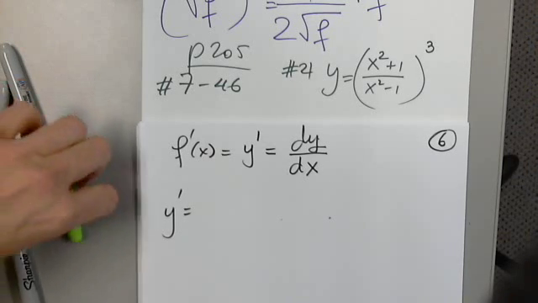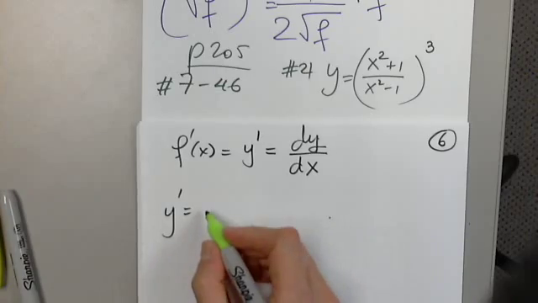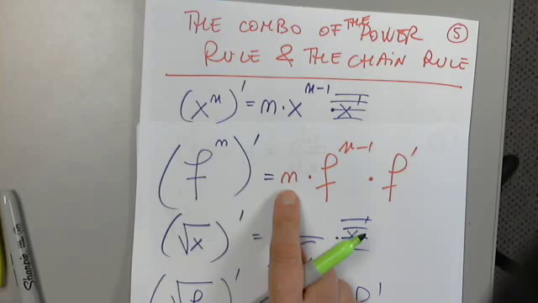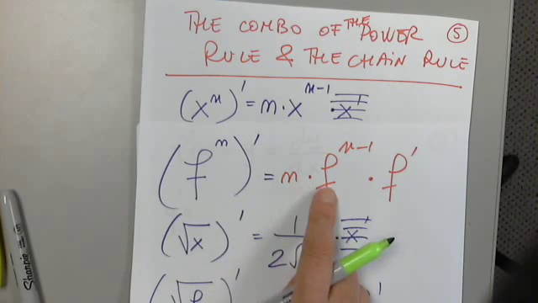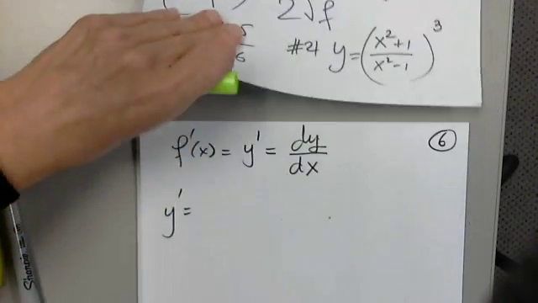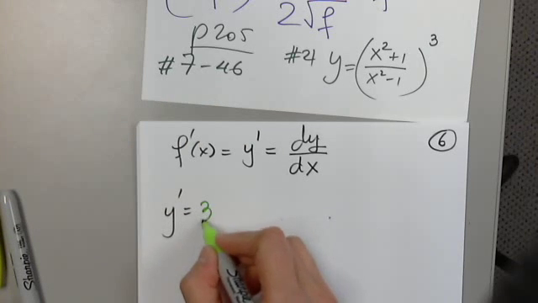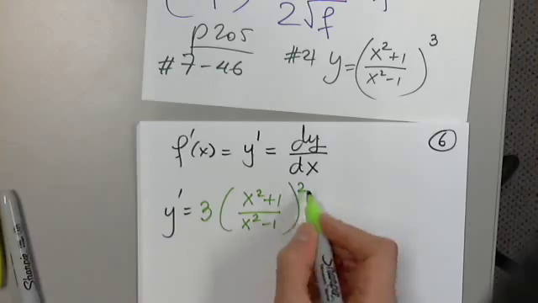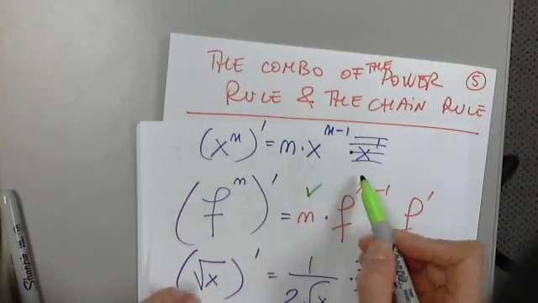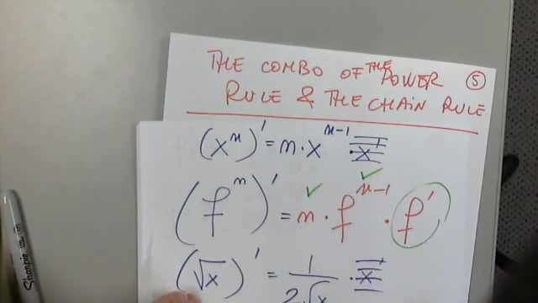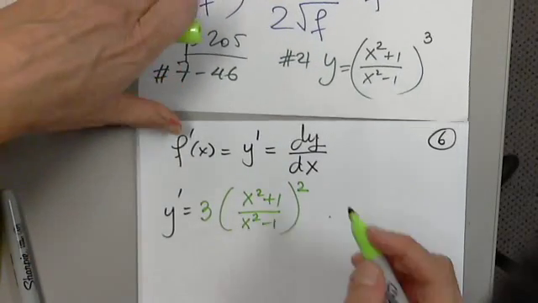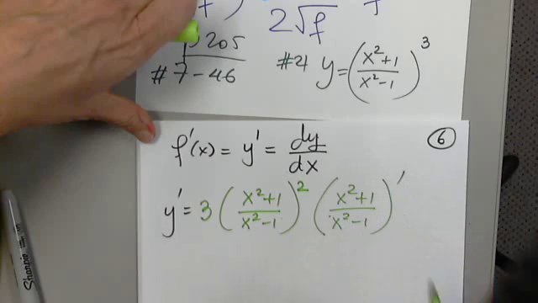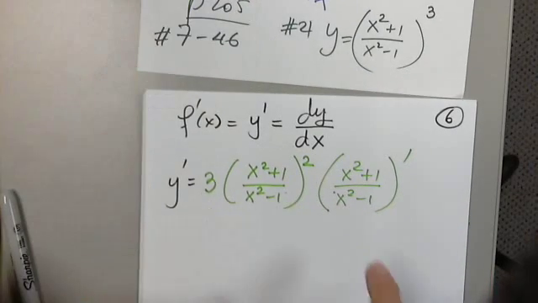What do I have to write? Very good. So far, so good. So 3 times x squared plus 1 over x squared minus 1, everything squared. So this was done, but now I'm here. Very good. So times x squared plus 1 over x squared minus 1, everything prime. But now what do I do with this?